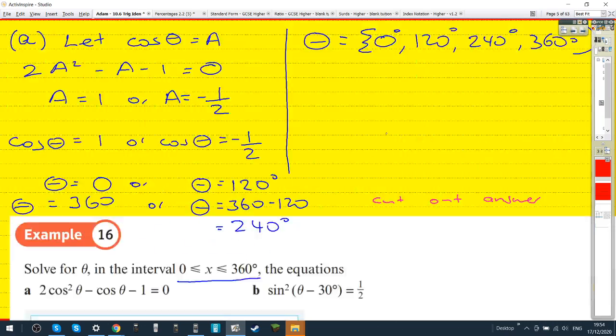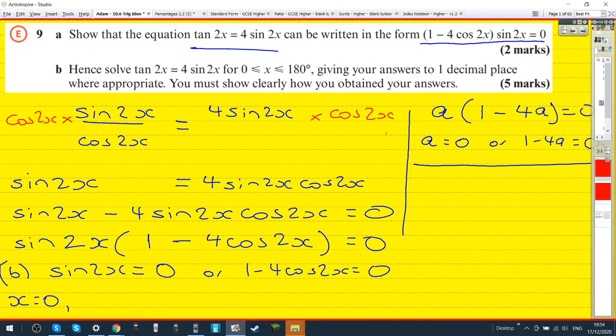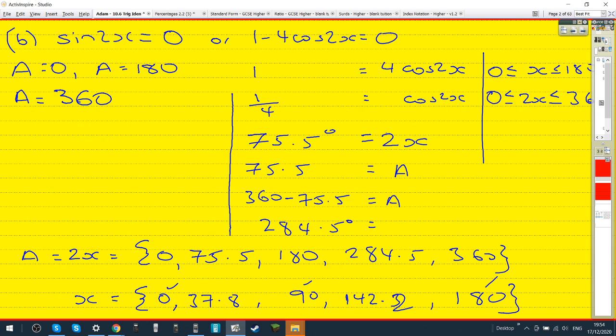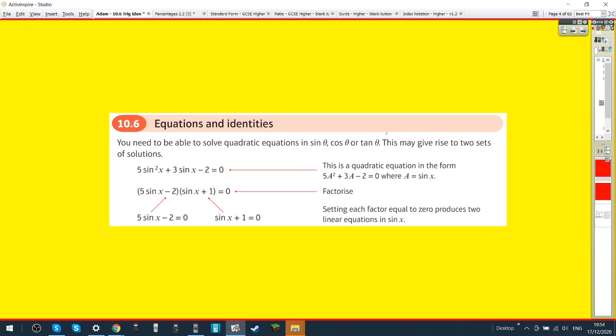Okay. Let me just check. So this one, how else can you write tan? Tan can be written as sine over cos. Yeah, tan x is sine x over cos x. Tan 2x is sine 2x over cos 2x. Tan squared x is sine squared x over cos squared x, etc. And then you can rearrange. Let's see.